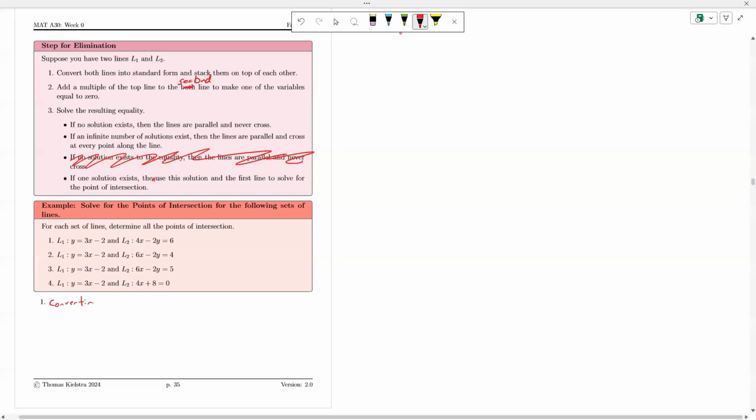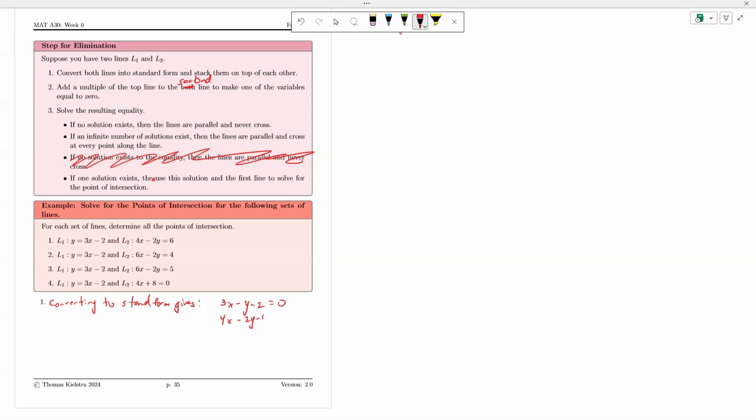Converting to standard form gives 3x minus y minus 2 equals 0 and 4x minus 2y minus 6 equals 0.